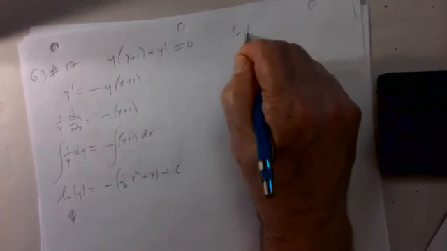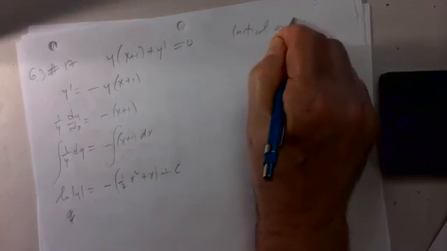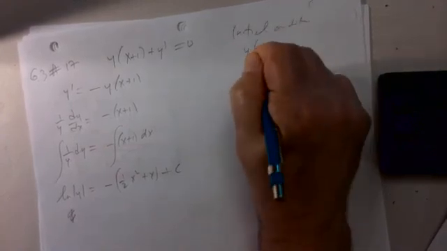Now I also have an initial condition. So the initial condition is y at minus 2 is equal to 1. So what happens here if I put in negative 2?